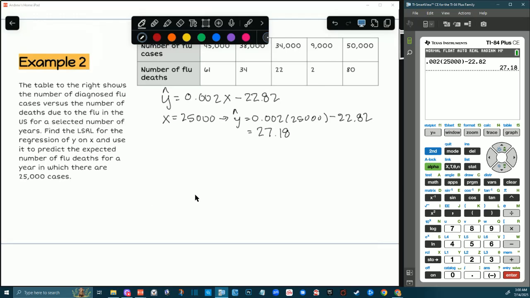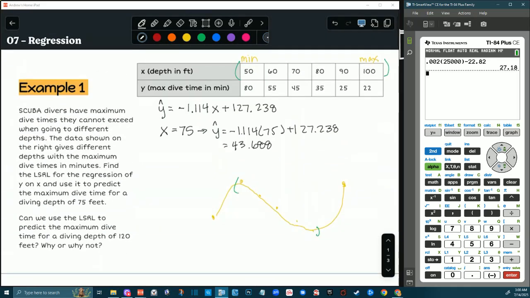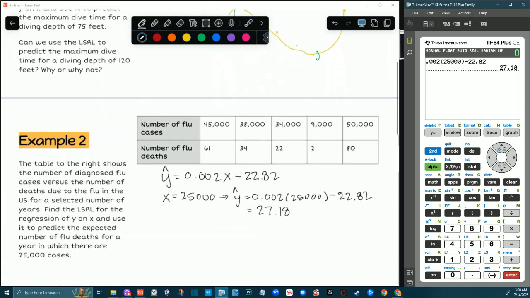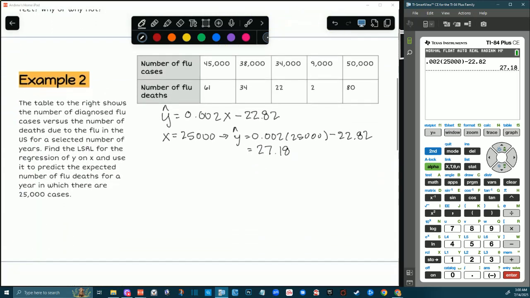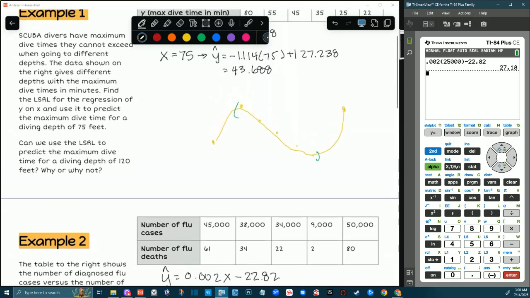All right. A side note before we end the video, these two examples, when we found the correlation coefficient in our last video, both of them had correlation coefficients that were 0.9 or higher, meaning both of these classified as fairly strongly linear.